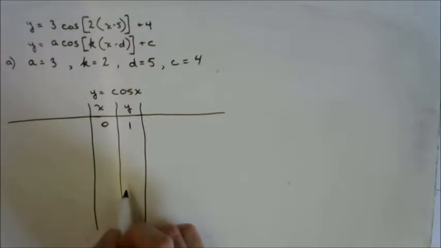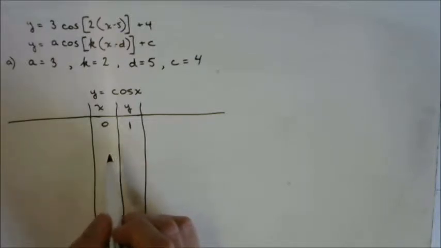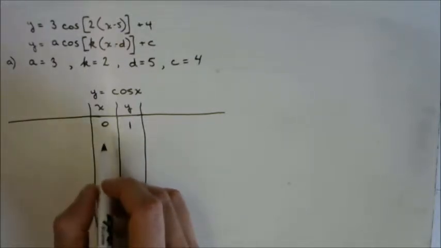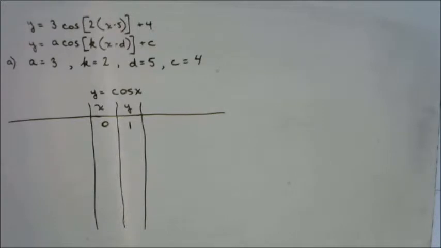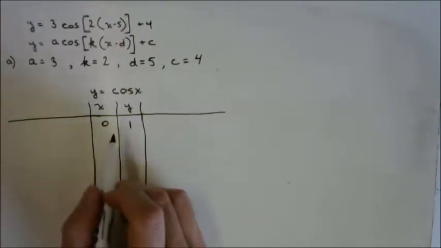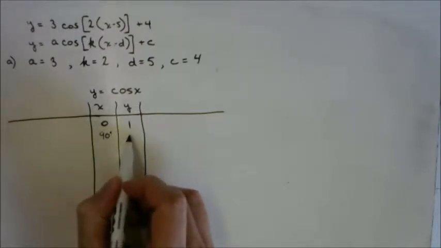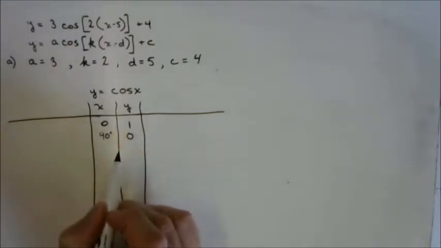How long does it take to reach its minimum, or to reach rest, to reach 0? If you're looking at the front cover of your book, you can see that the cosine wave, the gray one, crosses the x-axis at 90. So at 90 degrees, it has a value of 0.